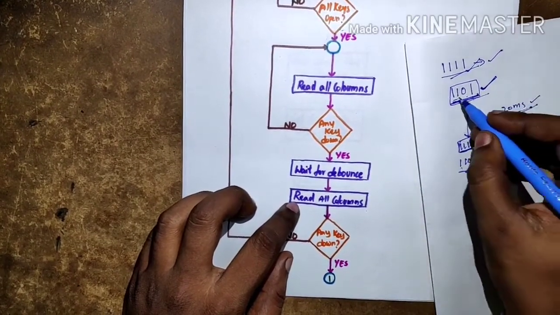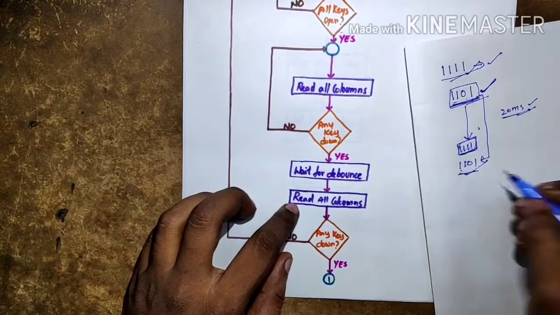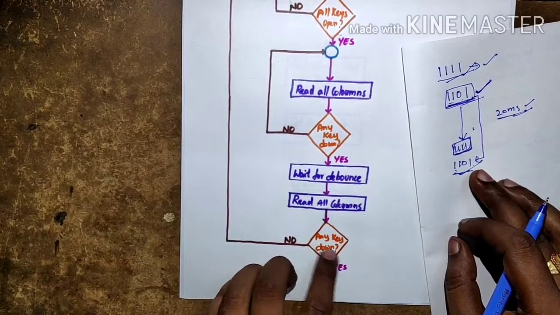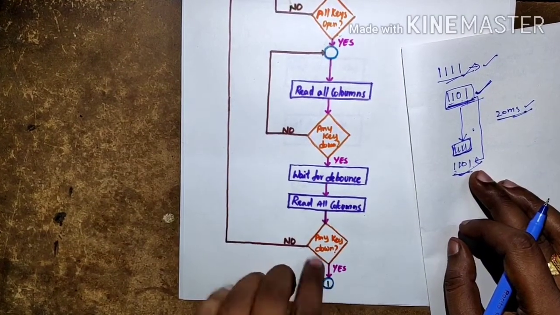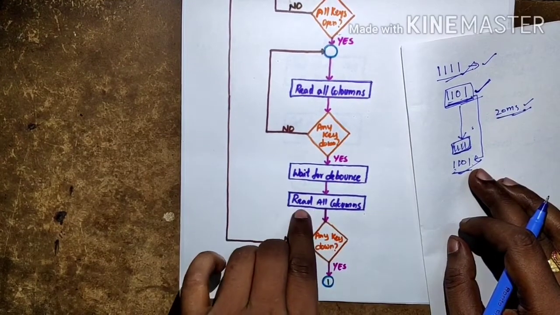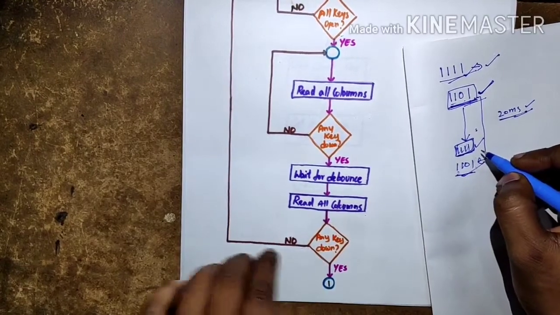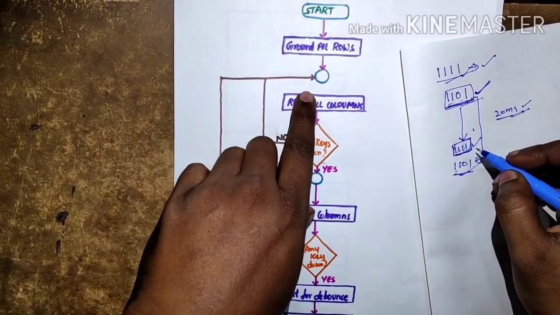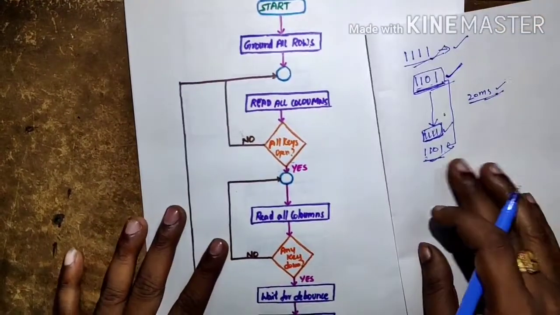If there is a key press, the column value will remain 1101. Then, after the delay, it will go to the next process. If the state returns to all ones, it goes back to the initial stage. This stage will be repeated until our key has been pressed.